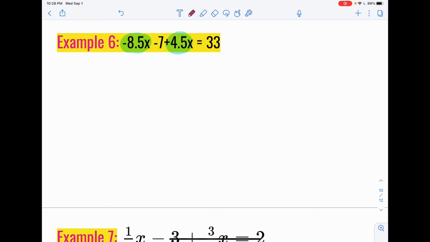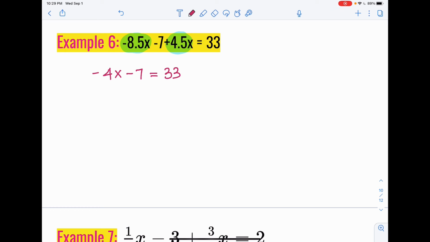When you combine these two coefficients, you will get negative 4x. Okay, and then we have negative 7 as constant there and is equal to 33.